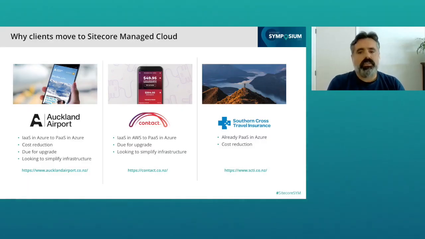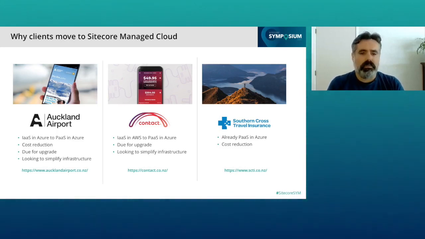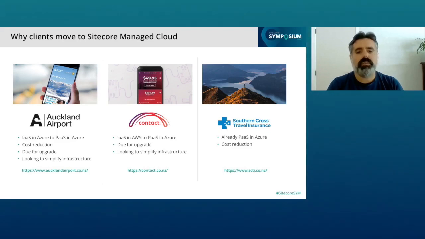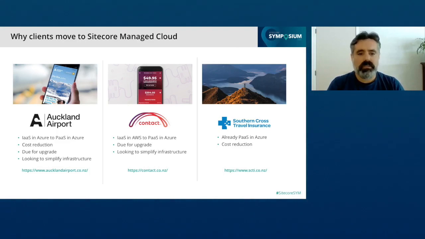The next example is similar to Auckland Airport. In this scenario, the client already had platform as a service running in Microsoft, and they were using standard templates from Sitecore. So the migration to Managed Cloud was very simple for us, but the driver was purely cost.